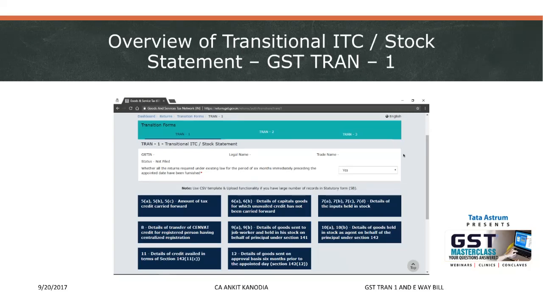In our earlier sessions we have dealt with when and what the provisions are in relation to the TRAN 1 form. Today we will see how and at what points, what details particularly are required in order to fill in the TRAN 1 form successfully.